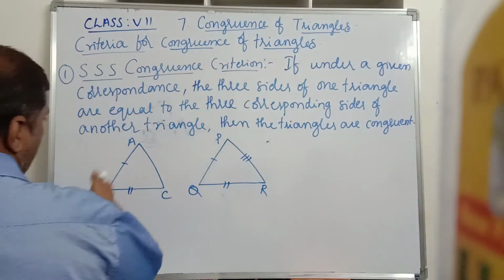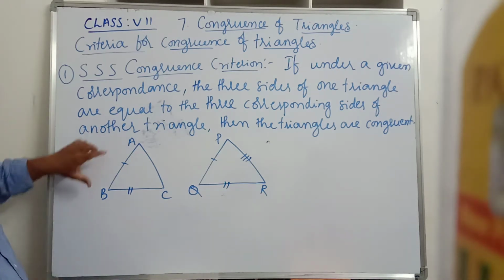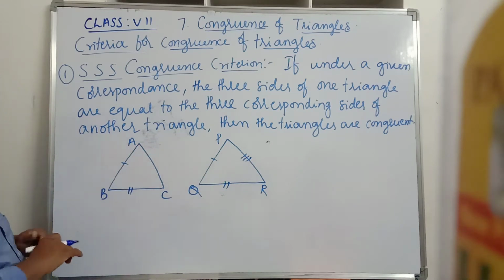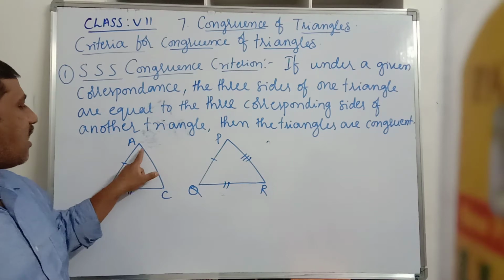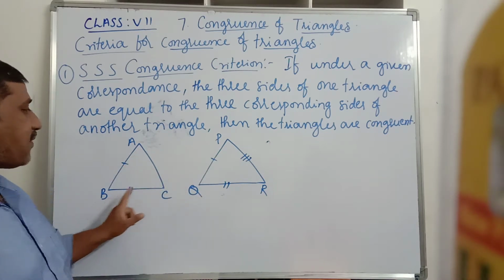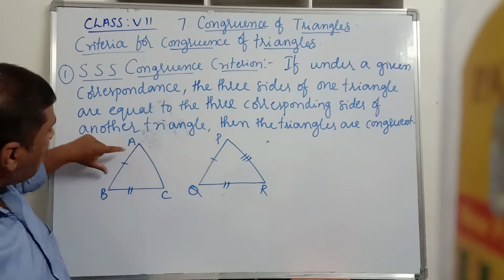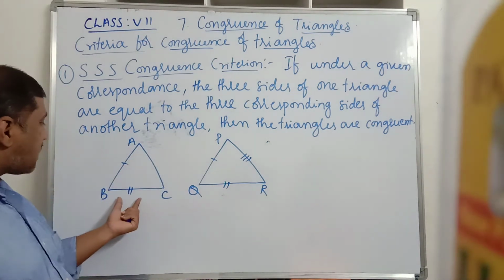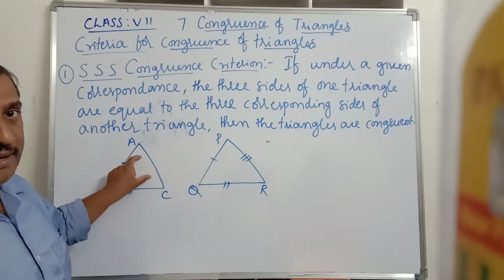Now consider triangle ABC and triangle PQR. See here, bring triangle PQR and place it on triangle ABC. We will find P will coincide with A, Q will fall on B, and R will fall on C. That means PQ will fall along the side AB, the side QR will fall along the side BC, and the side PR will fall along the side AC.